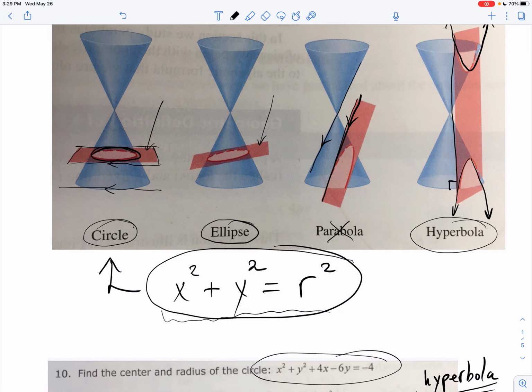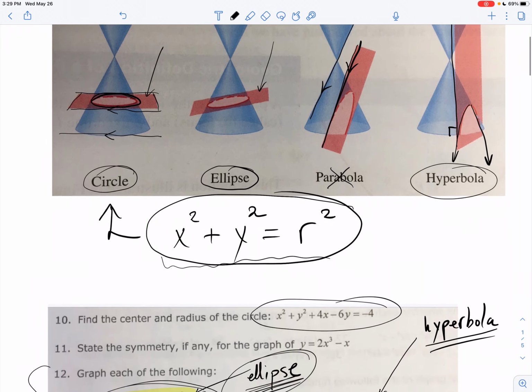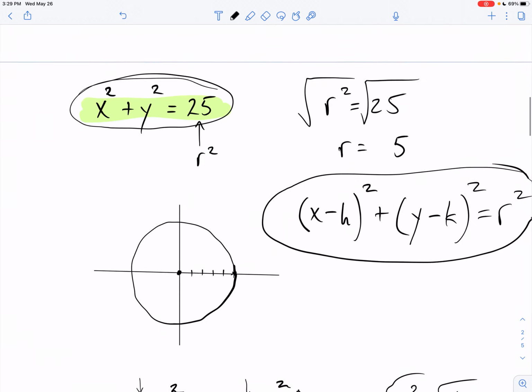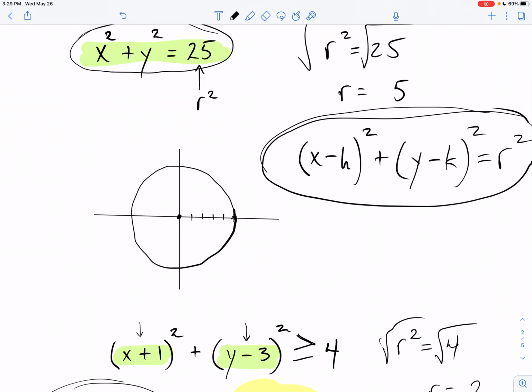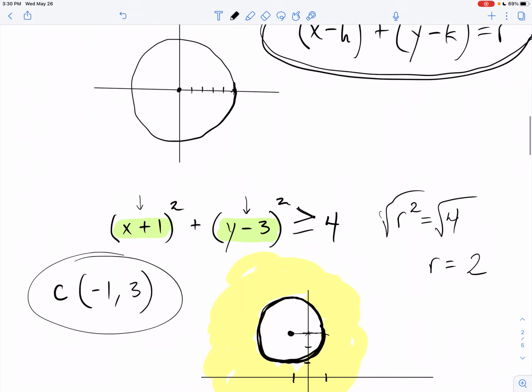That's to give us a radius. Then I showed you how there's a fancier version of that formula. I wrote it right here. This is the formula for a circle that has its center being shifted either up, down, right, or left, or a combination. Then we did a couple problems like that.